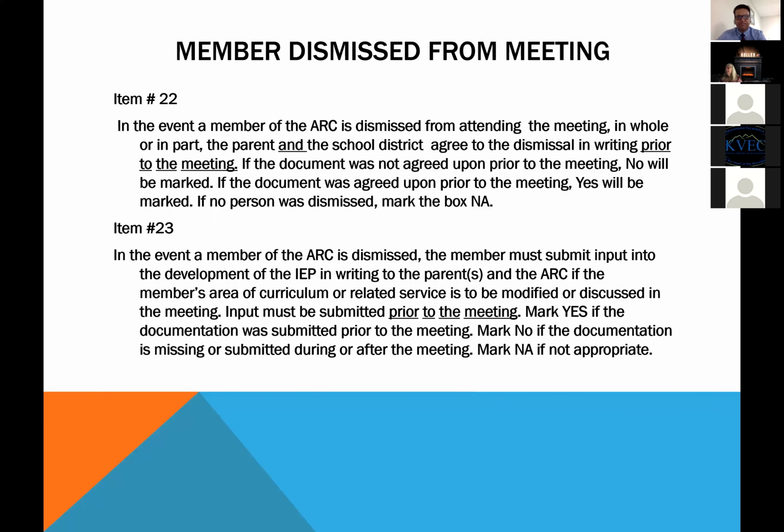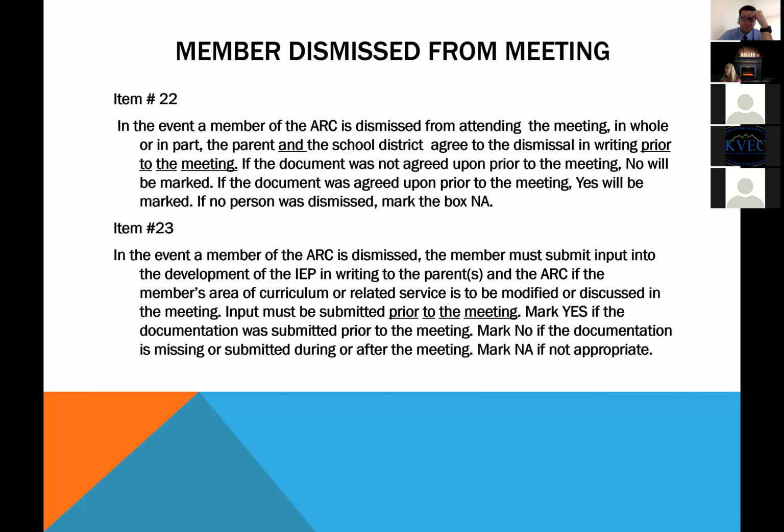Now, when a member is dismissed from the meeting, we're hoping that we'll know that prior to the meeting. Sometimes things come up and we'll talk about that too. But when you're looking at item number 22, it says in the event a member of the ARC is dismissed from attending the meeting, in whole or in part, the parent and the school district agree to the dismissal in writing prior to the meeting.